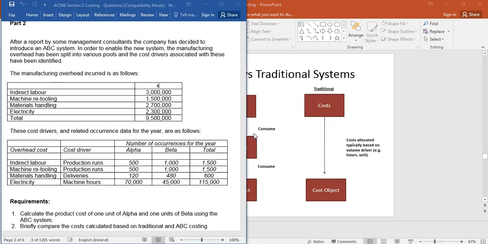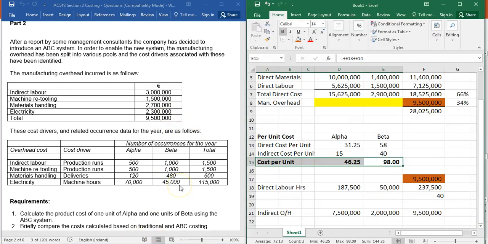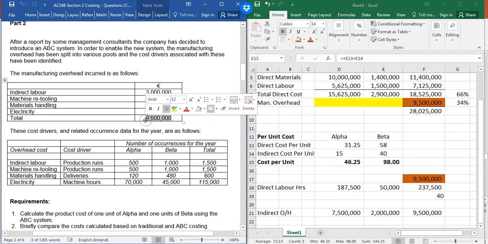So the total 9.5 million that we have is now split because someone has done a bit more of an analysis. And we've split it into 4 cost pools, or 4 major activities in the organization. And we're going to get a bit more accurate and say, look, let's not just look at one generic cost pool.